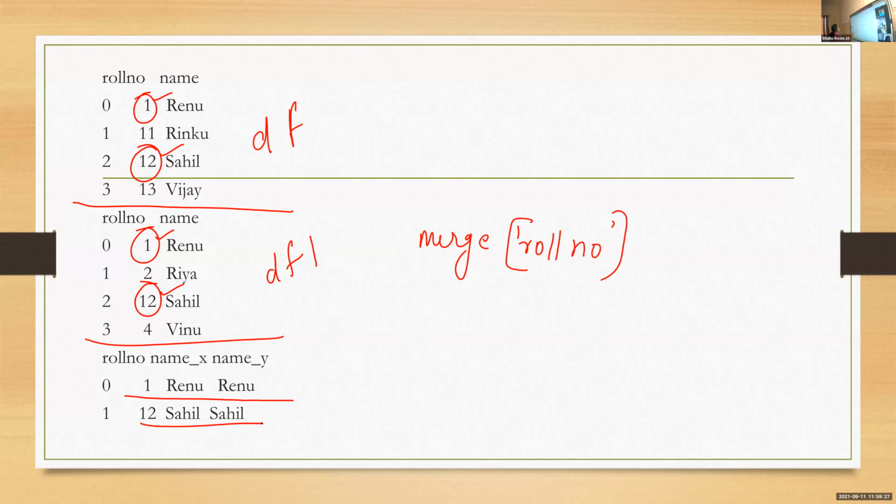Name under X means it is from the first data frame, and name from Y is from the second data frame. The name is the same, but it will display the name from the first data frame and the name from the second data frame also.